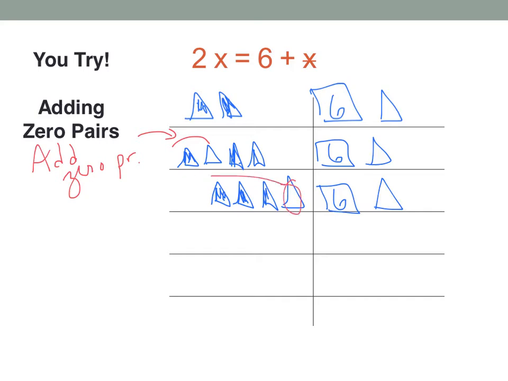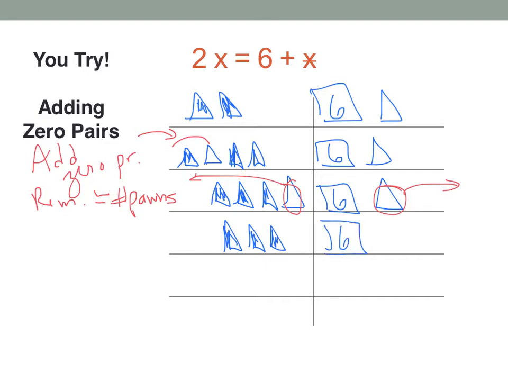And now we are going to remove an equal number of pawns. And when we do that, on the left we get 3 blue pawns, and on the right we got a 6. So that's telling us that blue pawn equals x equals 2, and white pawn equals star equals -2.